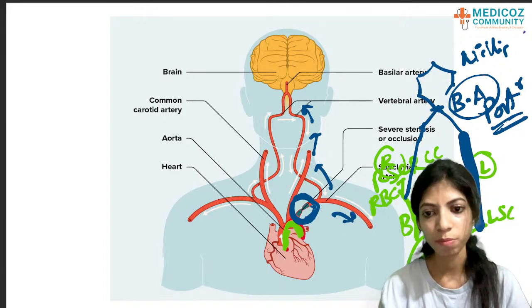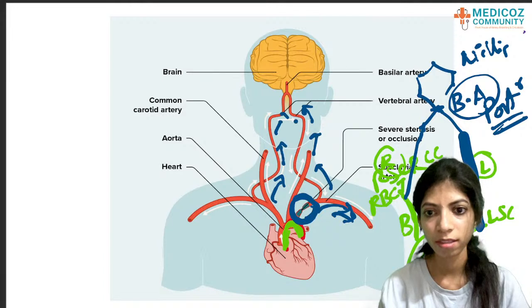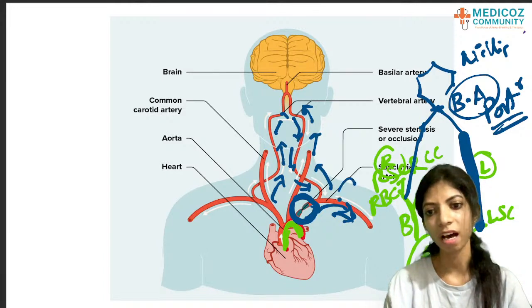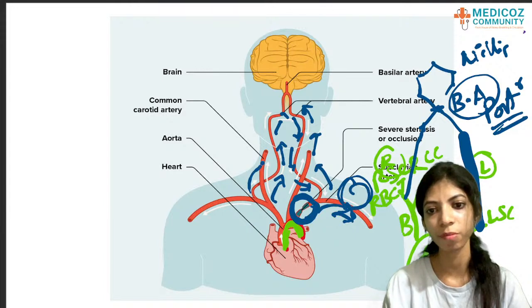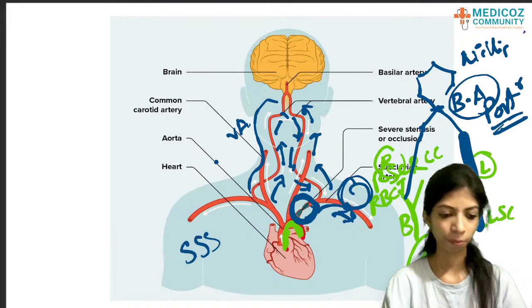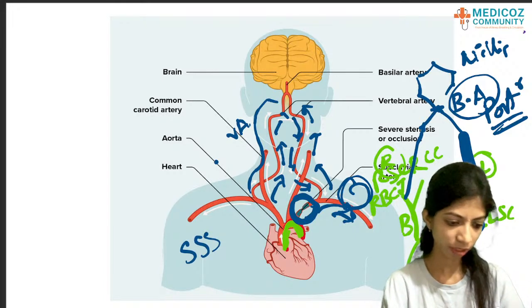So when you have this proximal obstruction, the blood is not coming this way. So the blood that is going like this is pulled up from this side. So this arm is basically stealing your blood from the opposite vertebral artery. So this is called your subclavian steal syndrome. I hope everyone is clear with that. If you have any doubts, you can message me in the chat box.